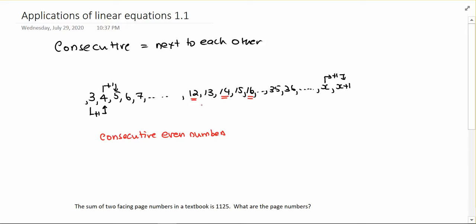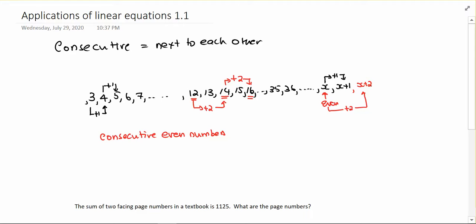So what do I have to do to go from 12 to 14? If I know 12, I would add 2 to get to 14. If I know 14, I would add 2 to get to 16. And likewise, if I'm at random location x, and let's say this is even, then I would add 2 to get to the next one. Essentially, you're jumping over this middle number and you get to x plus 2.